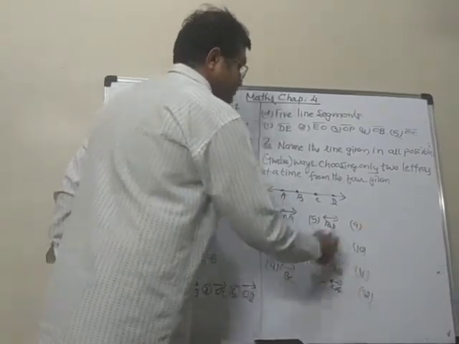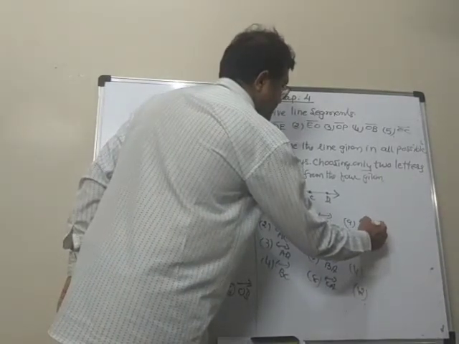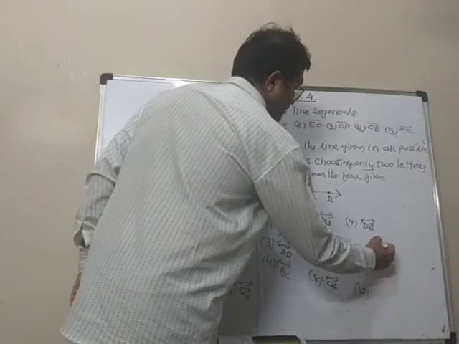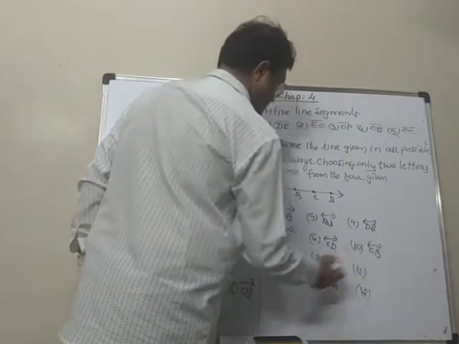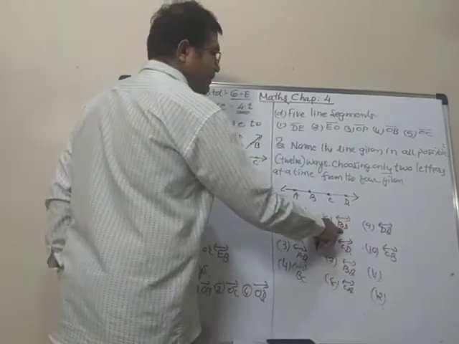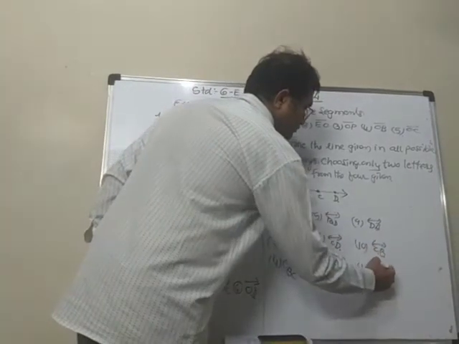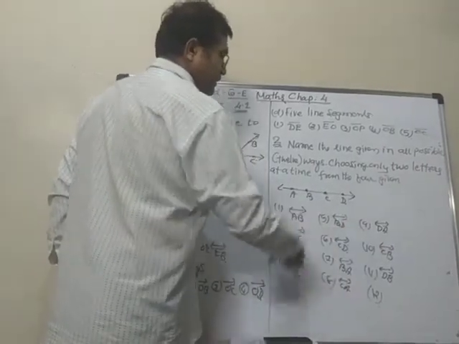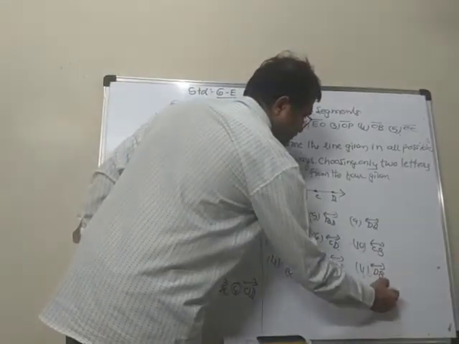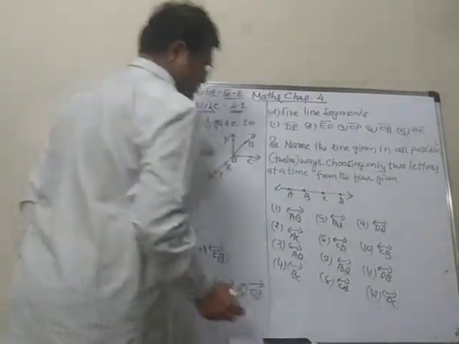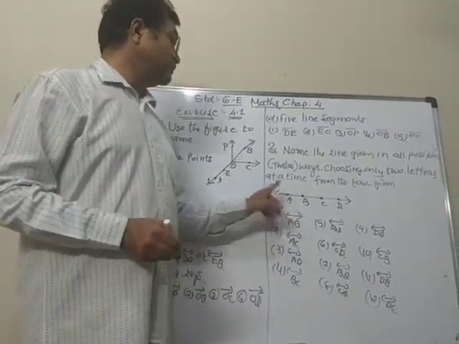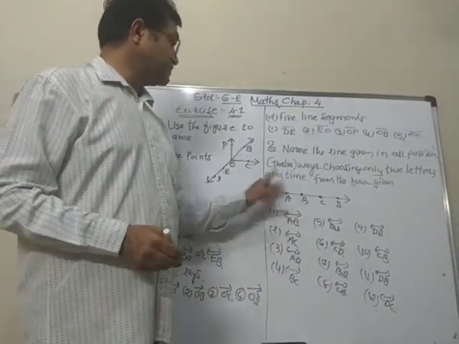AD, then line DA, then BC, line CB, then BD, we can write down line DB, and CD, line DC. So these are all the 12 possible ways that we can write down this line.